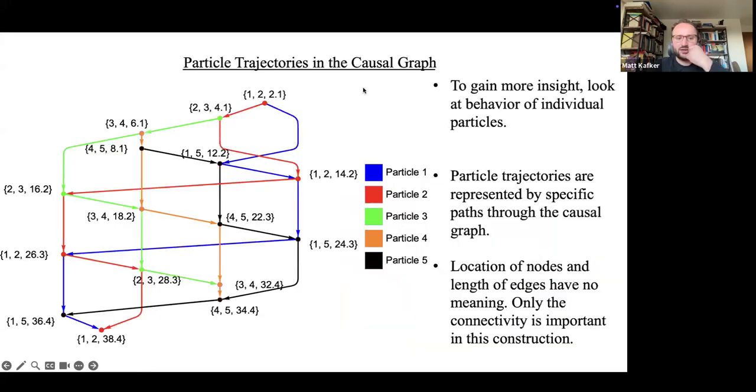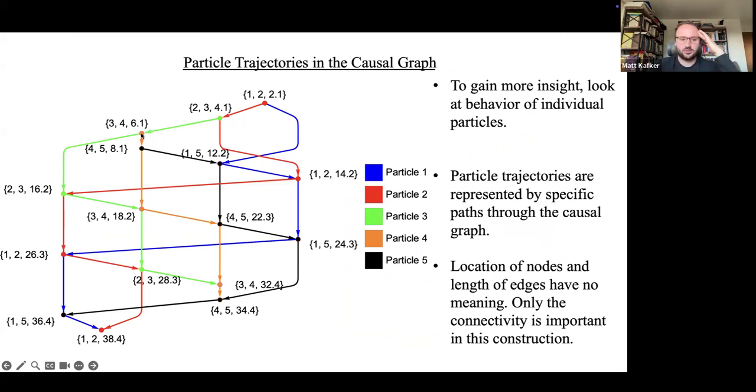So this can be made slightly clearer if we add some color to the causal graph. So like I said, all the nodes correspond to collisions, and then the edges correspond to particles. So it's helpful if we just choose a color and follow it through the graph. So let's choose green. We start with particle 2 and particle 3 colliding at this time, and then we follow the green edge. We have particle 3 and particle 4 collide at this time. So that means that this edge corresponds to particle 3.